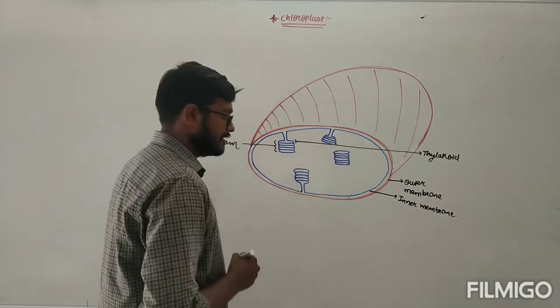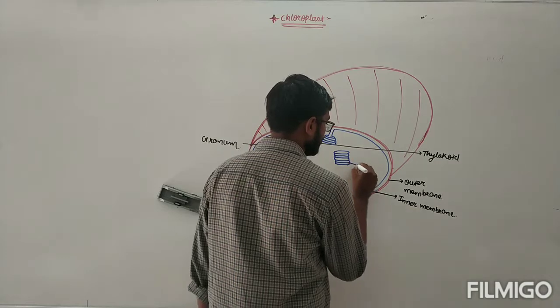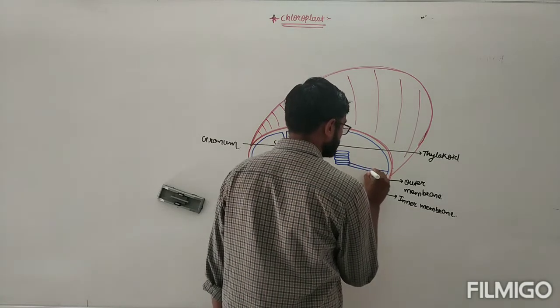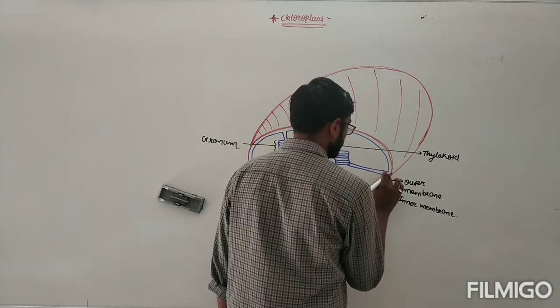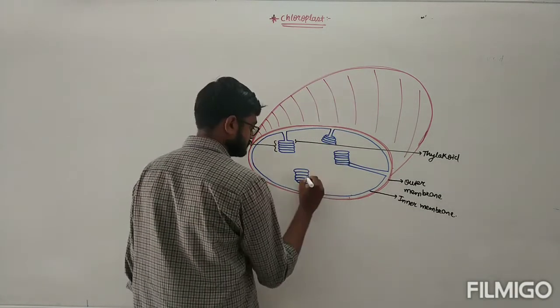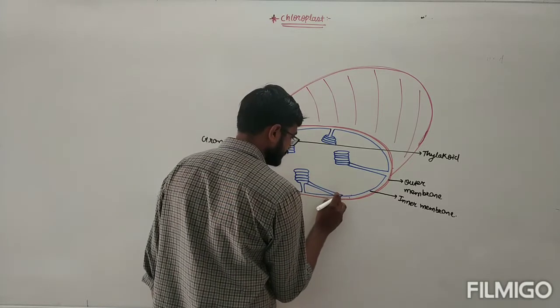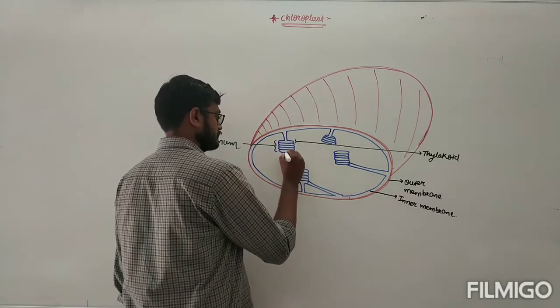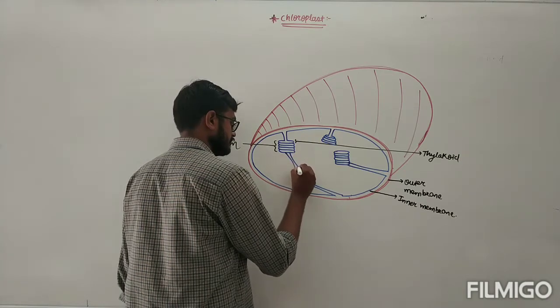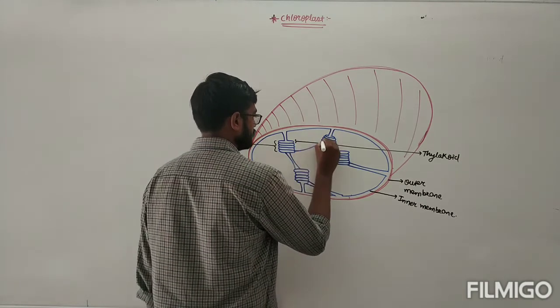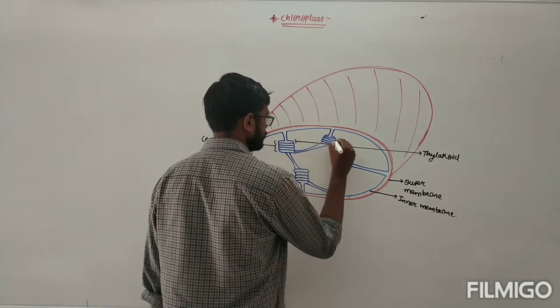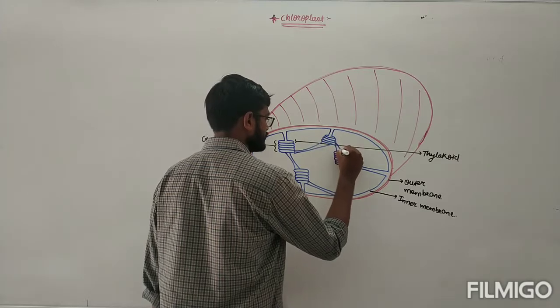Each of these grana is in a joint condition. They are in a combination, linked to each other like this. This is also a connection.